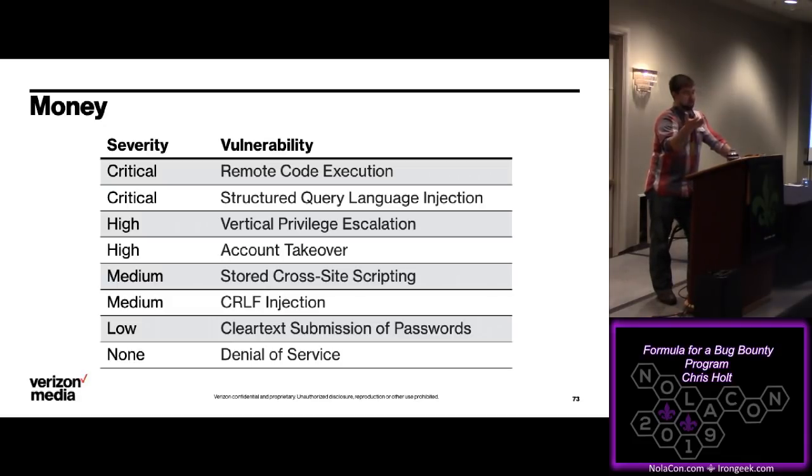Not publishing it gives us a little bit of flexibility, because maybe the same bug in a different product is not as bad. The product is not as meaningful in some cases, or the impact of that bug is not as valuable. There's maybe no data in a marketing site, so SQL injection just allows you to change the content.